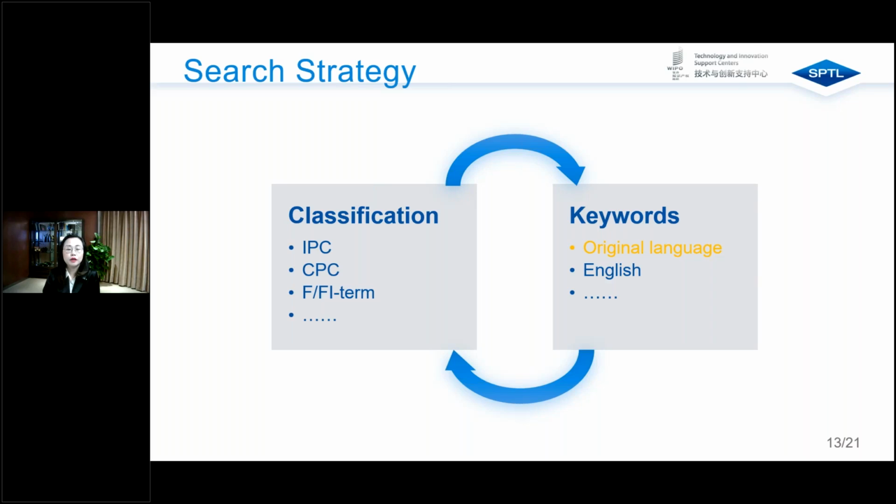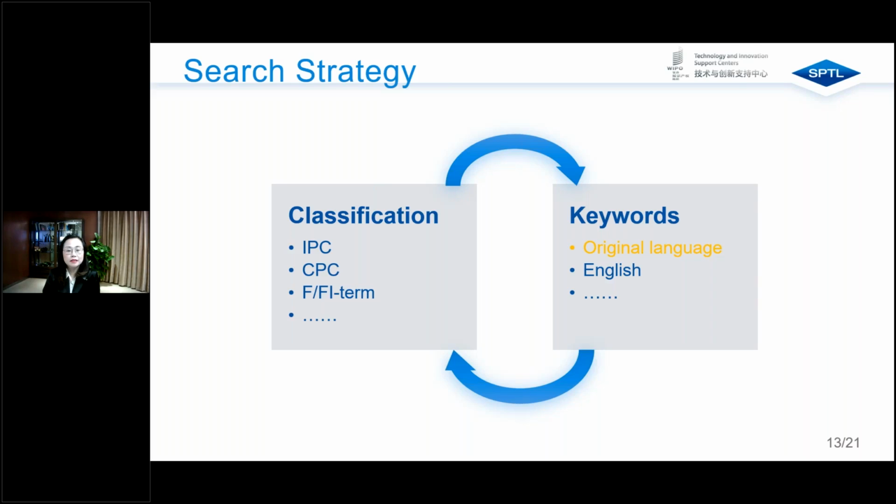Original languages or English or other languages will be used. Here, it is strongly recommended to use the original language of the documents. Since every language is very different, especially the languages from different language families, the translations are not very accurate. When it comes to the technical terms, it may be even more complicated.